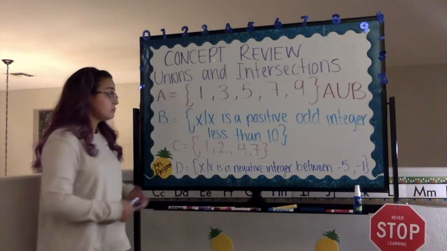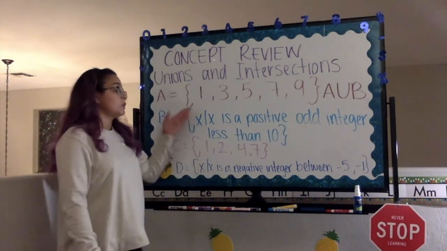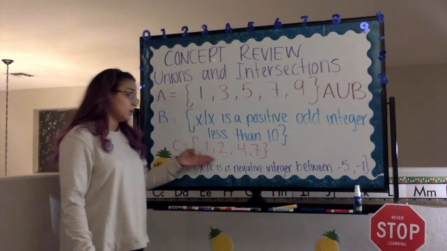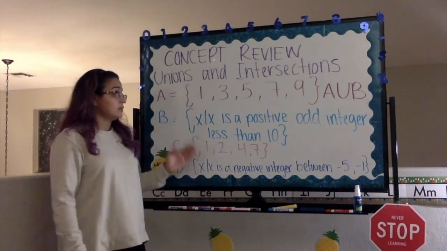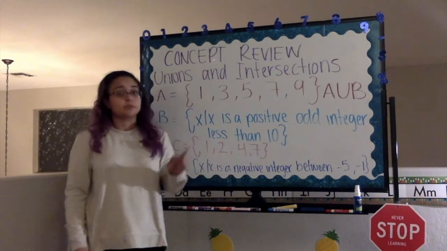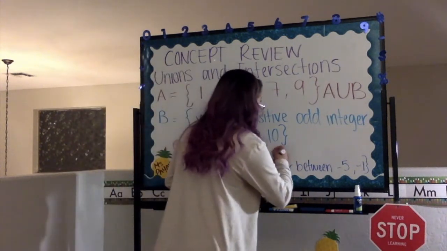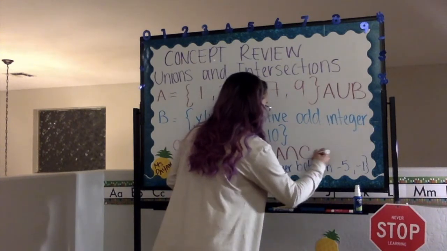Okay? So do we have 2 or more numbers in common? Let's look at it. We have 1, 3, 5, 7, and 9. And here we have 1, 2, 4, and 7. The numbers we have in common are 1 and 7. That's 2. That makes it an intersection. That means we're going to write that out: A is an intersection to C.